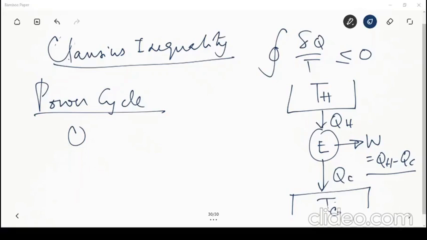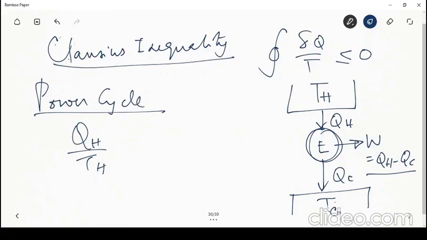QH by TH, which is positive because QH is coming into the object. So if I take the engine as the object, then QH comes into the object, so it is positive.